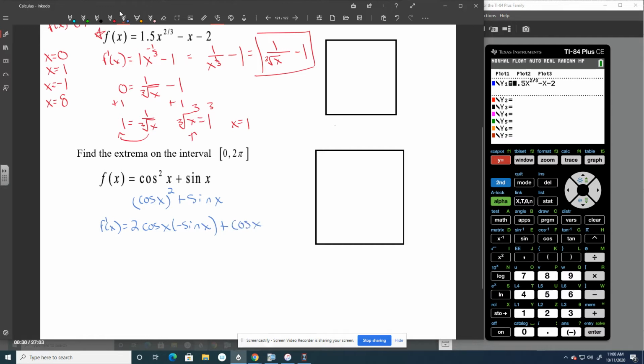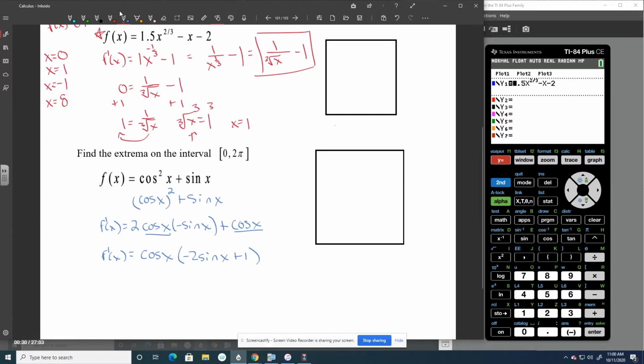Now, just to help myself out, because I know I'm going to set this equal to 0 soon, I can factor out a cosine. So f prime of x is going to equal, if I factor out that cosine of x, I'm left with -2 sine of x plus 1.